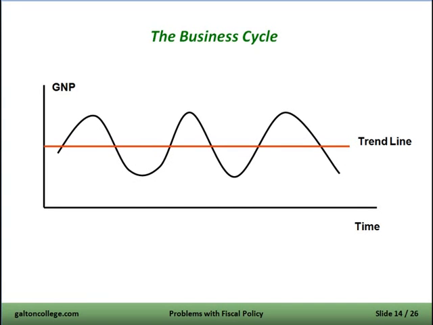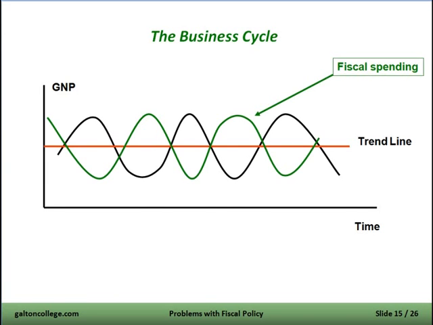Now, if we look at interventionist fiscal policy aimed at achieving that trend line, it might look something like that. As the economy is entering into a boom period, the government's cutting back on government expenditure, increasing taxes. Then the economy is lifting itself up.